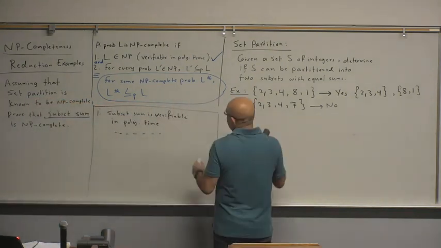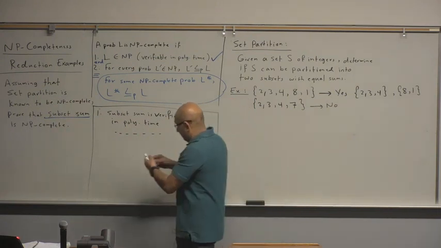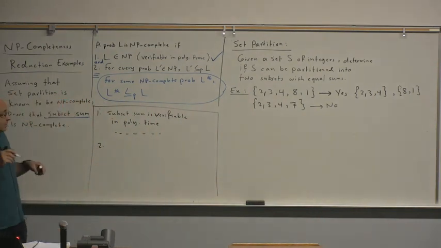Now, the more interesting step is reducing. In which direction should the reduction go? From subset sum to set partition, or from partition to subset sum? So we go from the known to the one to be proven.